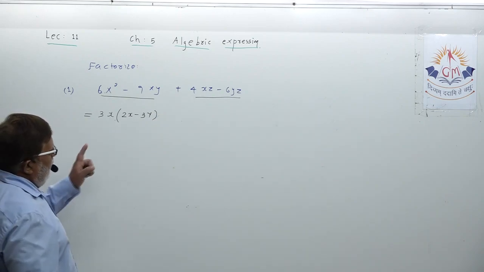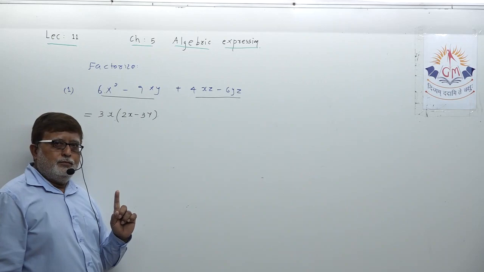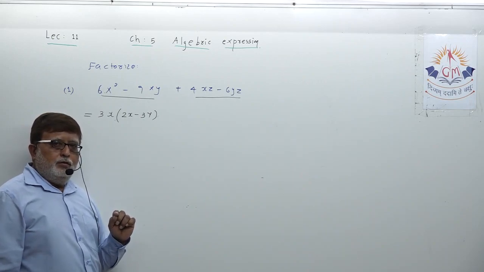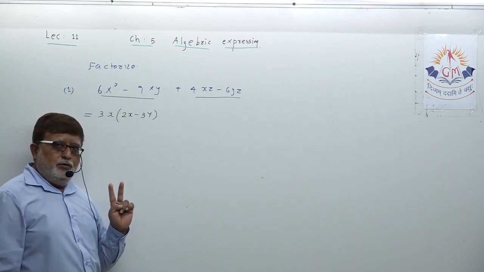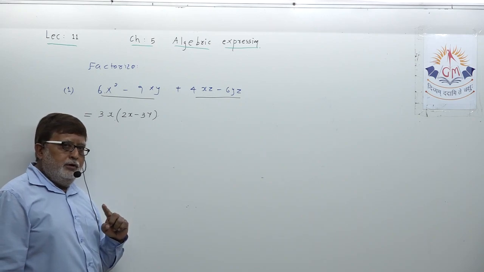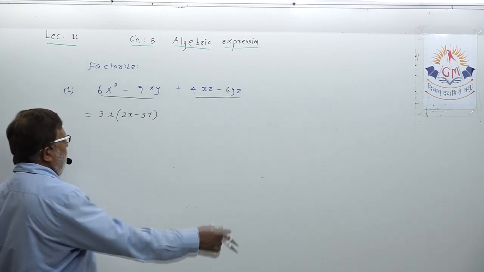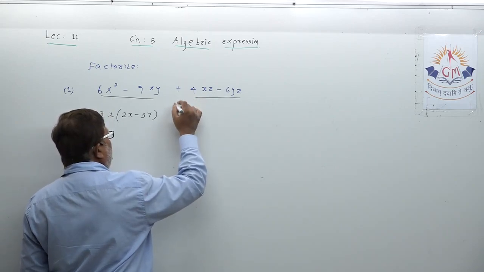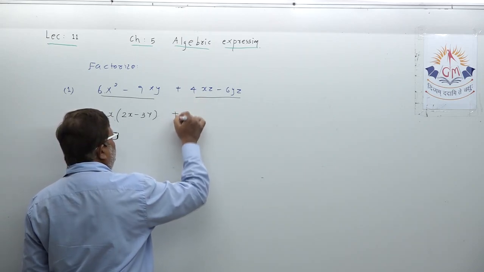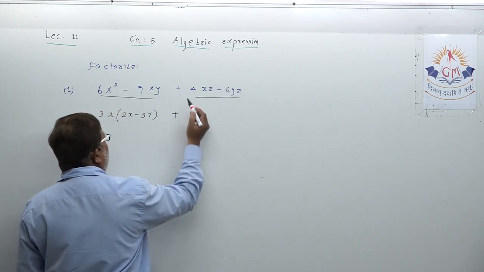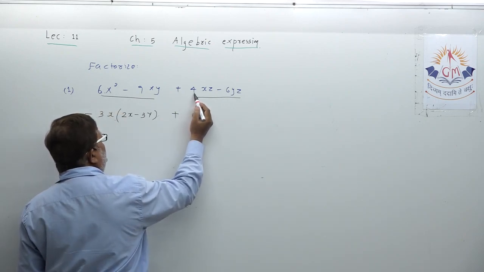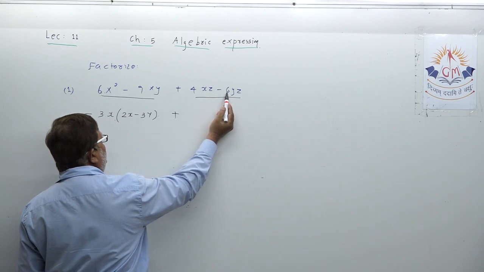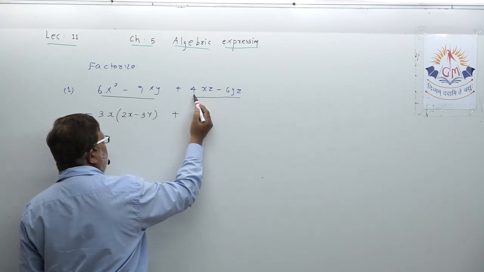Now as we have taken out common from the first 2 terms, similarly you will also take out common from the next 2 terms. Here plus sign, so as it is. What is common from these 2 numbers, 4 and 6?